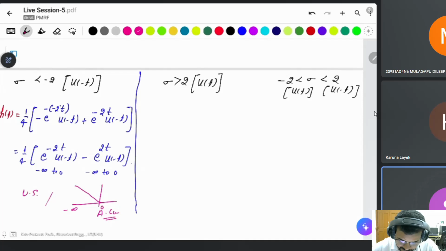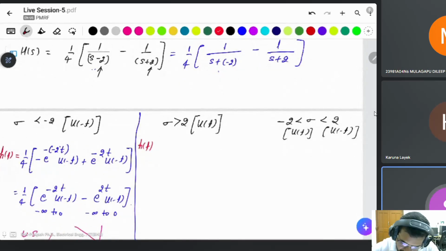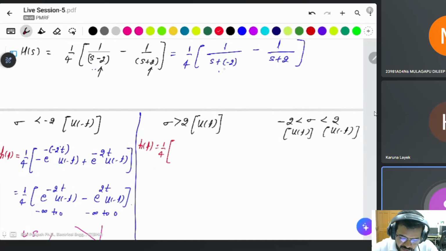Second thing, take 1 by 4 u(t), it means e power something, plus it will mean e to power of minus, this will be minus 2t, u of t, this will be minus e to power minus of 2t u(t).